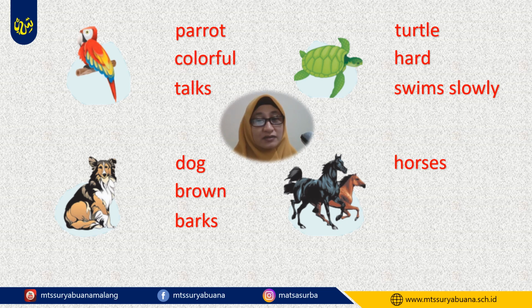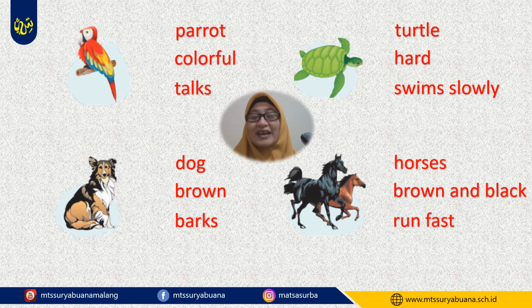This picture is two animals, right? Two horses. More than one. The adjective that we can say about the animals is their color, brown and black. And the activity about these animals: run fast.